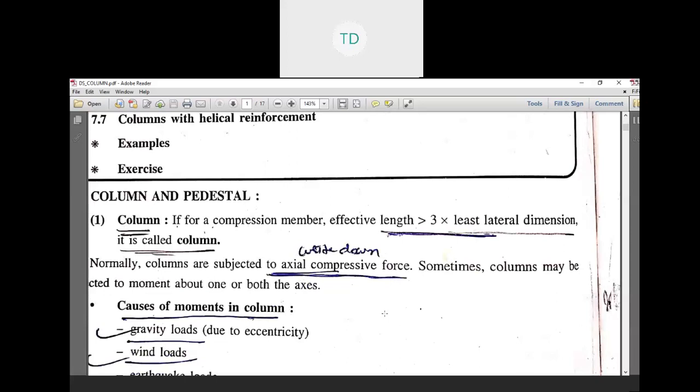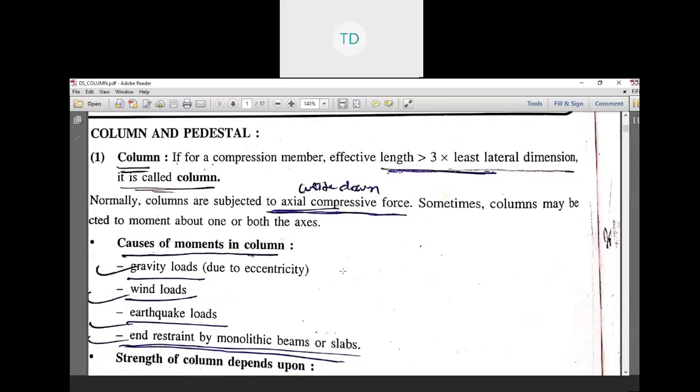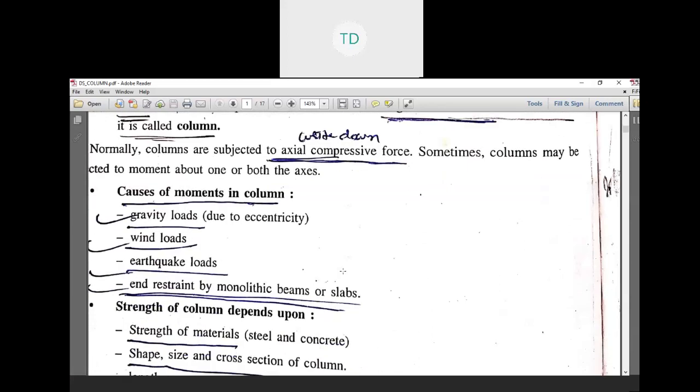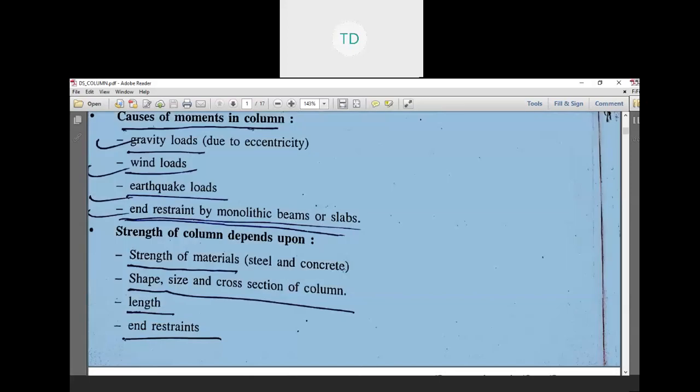Sometimes a column may also have moment about one or both axes. Causes of moment in column: gravity load, wind load, earthquake load, and resisted by monolithic beam or slab.